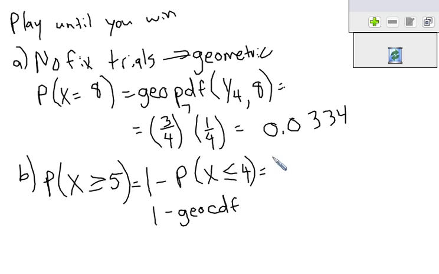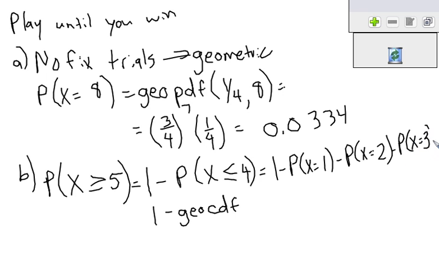In their notes, they actually listed out all of the possibilities. I don't know if that's really necessary, but they did list it out that way. The probability of winning is 1/4.